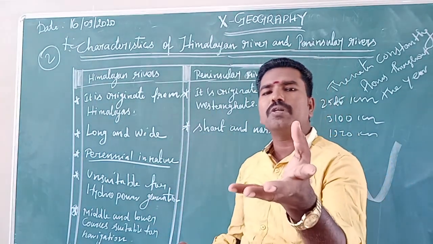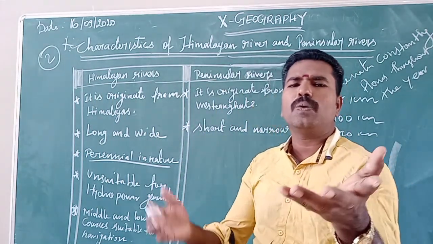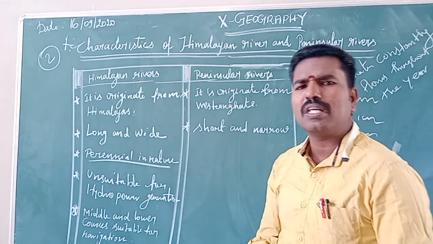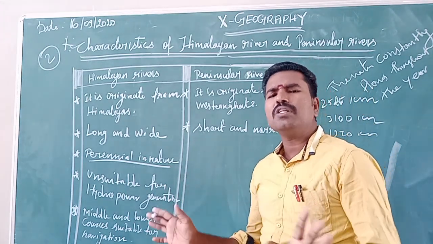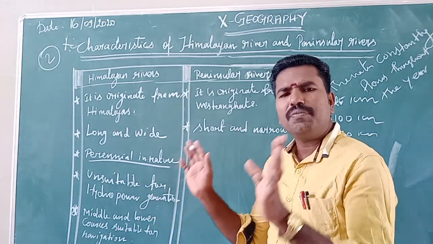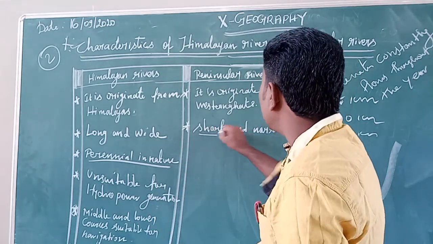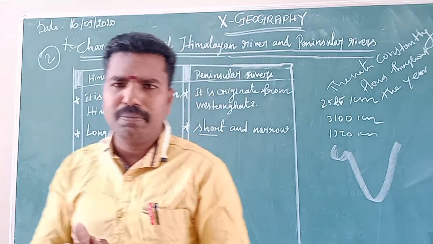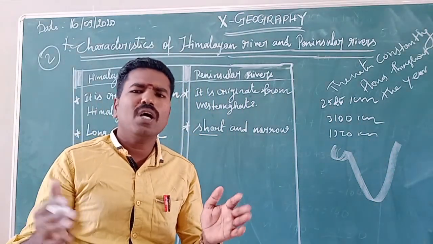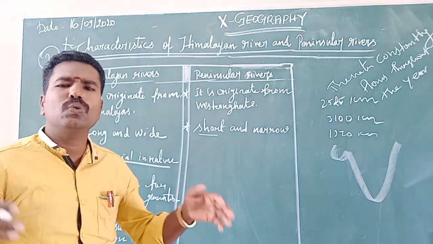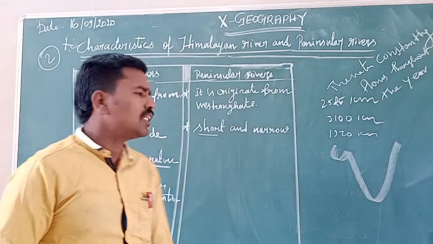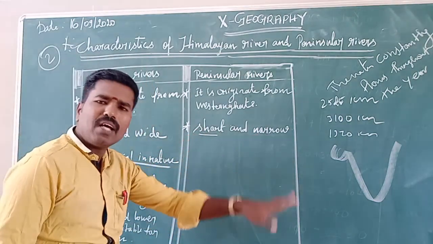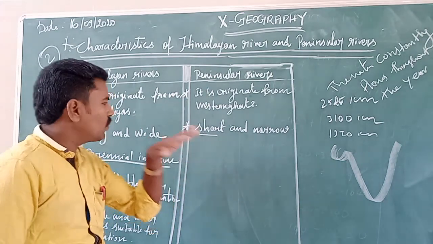For example, the Kaveri river is only about 760 kilometers long. All the rivers of South India are very short and narrow, not wide, because the water does not flow fast and there is no chance to erode laterally. That's why short and narrow rivers flow in South India.